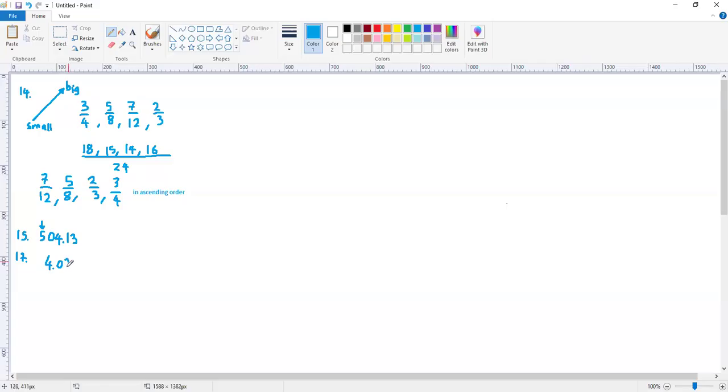What do you call the column method? It's when you line up all the numbers in the correct hundredth, or the correct 100 or 10 or tenth place.